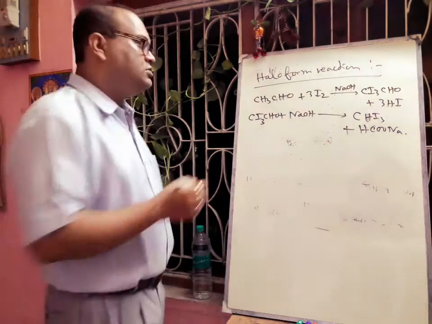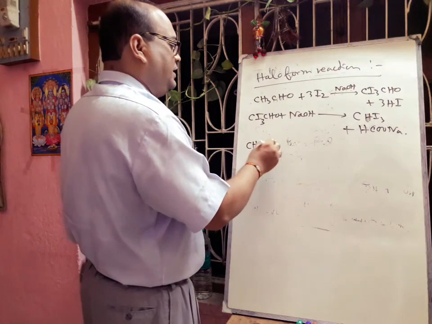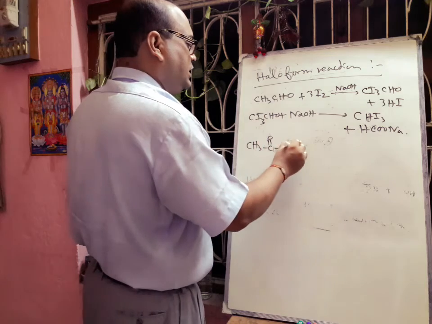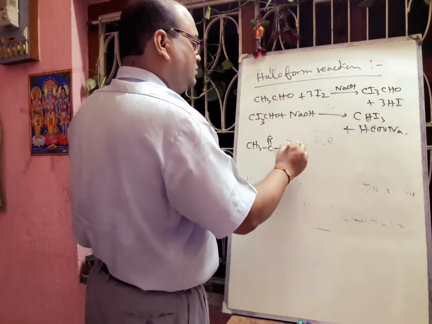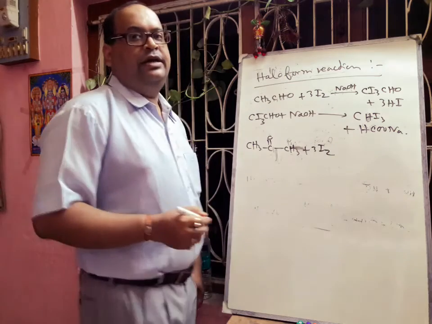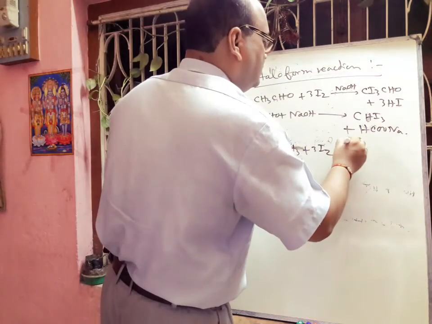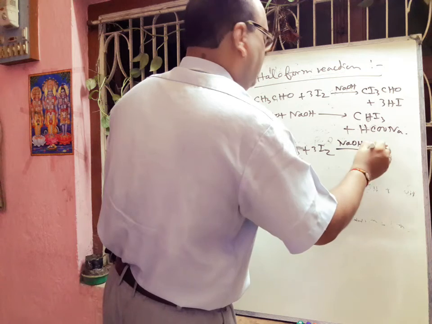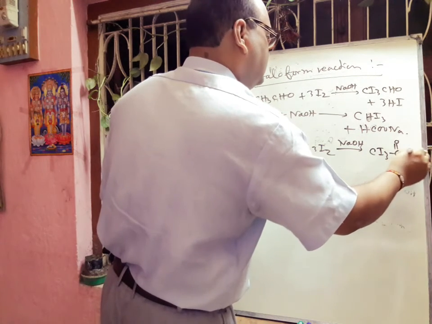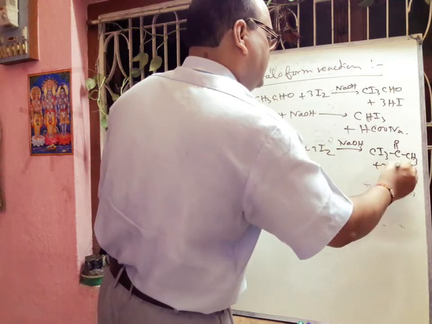Understand? Acetone also will respond to this test because it has this ketomethyl group, CH3CO. Here also it will react with thrice iodine in presence of NaOH, that will form CI3COCH3 plus thrice HI.